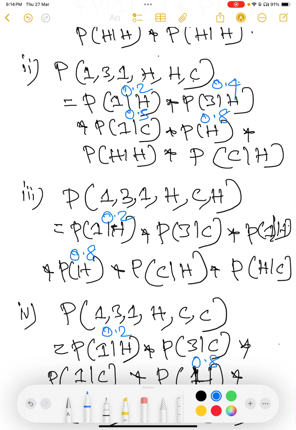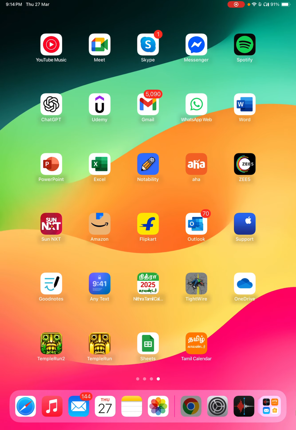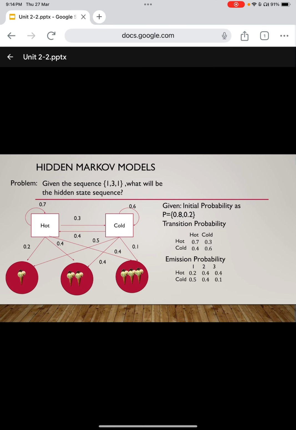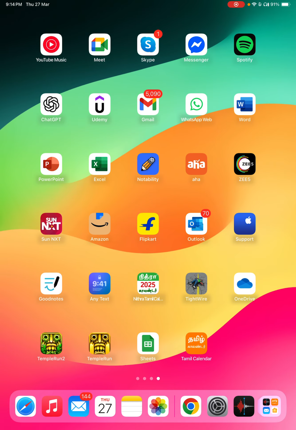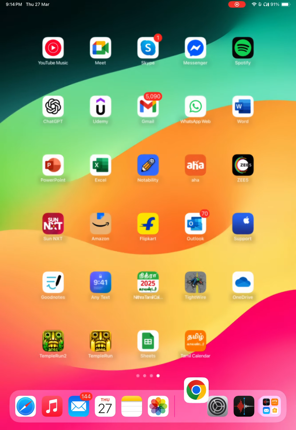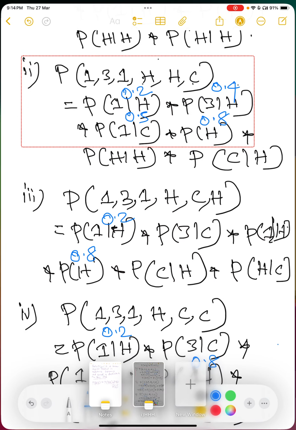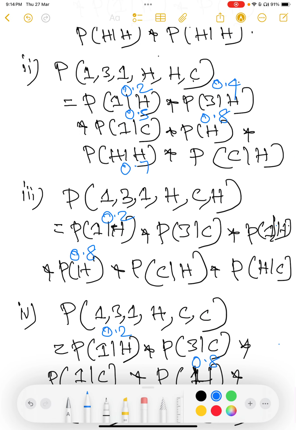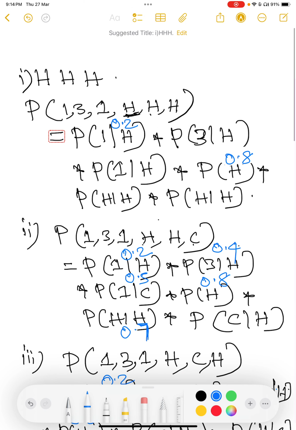And H given H, we call this H given H. It's a transition, so we have to see the transition only: 0.7. H given H is 0.7. Three given H is 0.4.